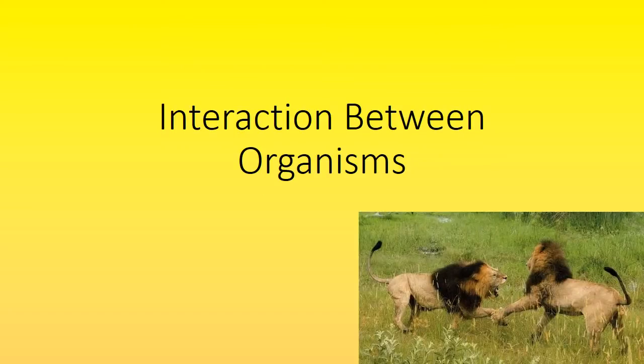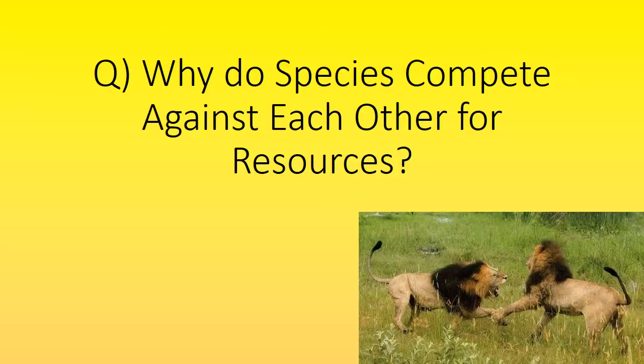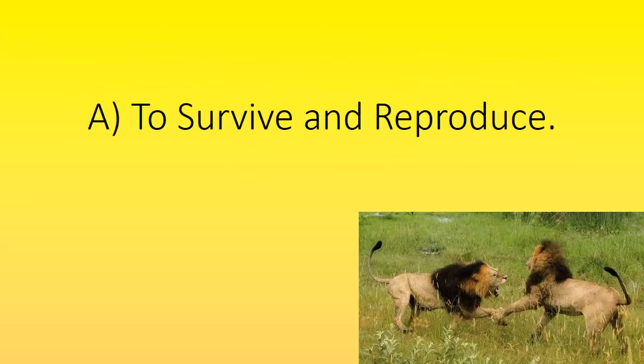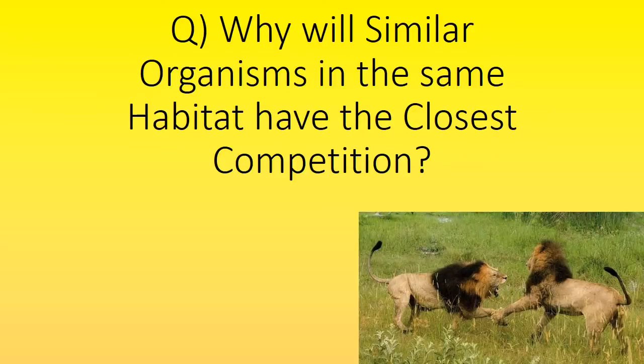Energy transfer and energy flow. Why do species compete against each other for resources? To survive and reproduce. Why will similar organisms in the same habitat have the closest competition?